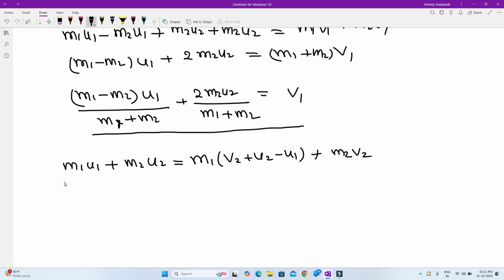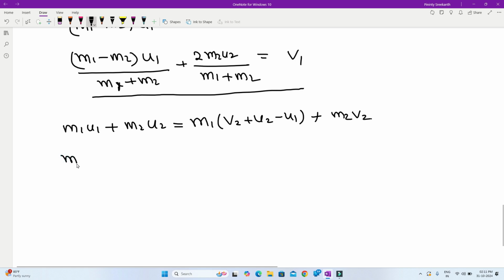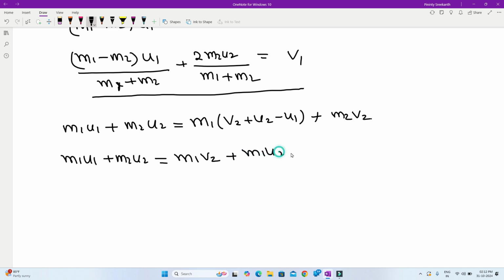Now solve this. m1 u1 + m2 u2 is equal to m1 v2 + m1 u2 − m1 u1 + m2 v2. Now we have to find this v2 value.